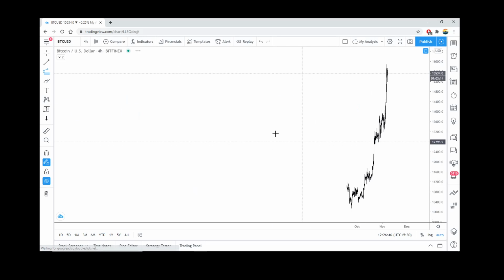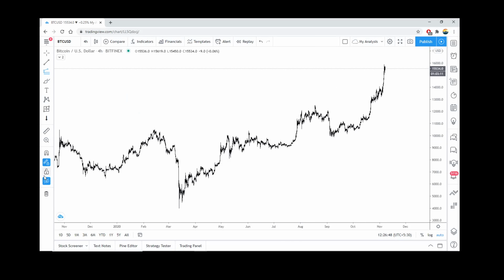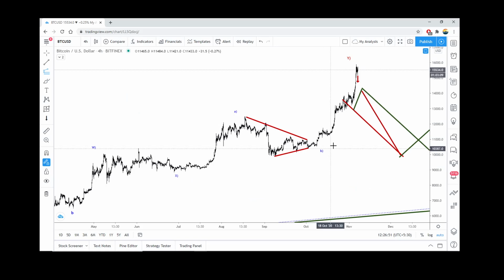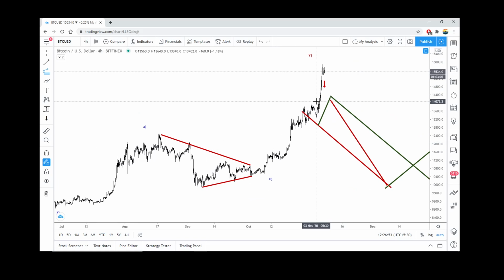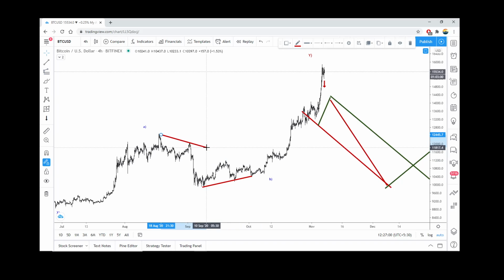So Bitcoin, exactly here, if we make this a triangle, this is the end of that structure, 1 2 3 4 5. But I think it is not a triangle, and I have explained that.